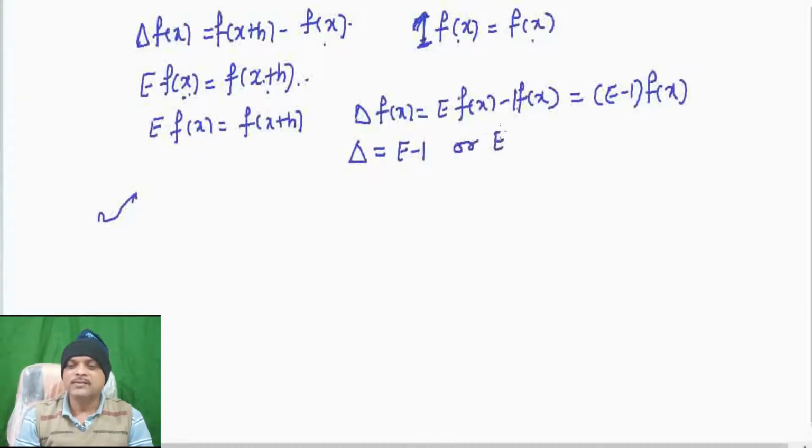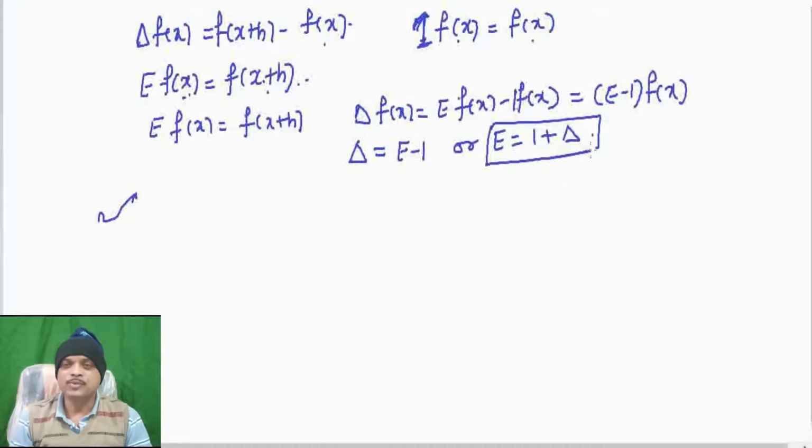This is the first relation we get from the definitions of the forward difference operator, identity operator, and shifting operator. Now let us calculate E square of f of x. Again friend, remember that it is not a square. E square means repetition.